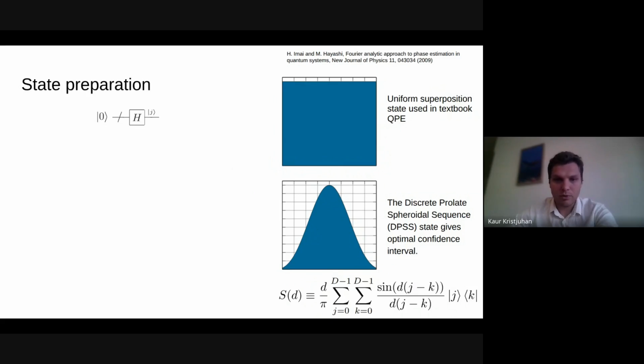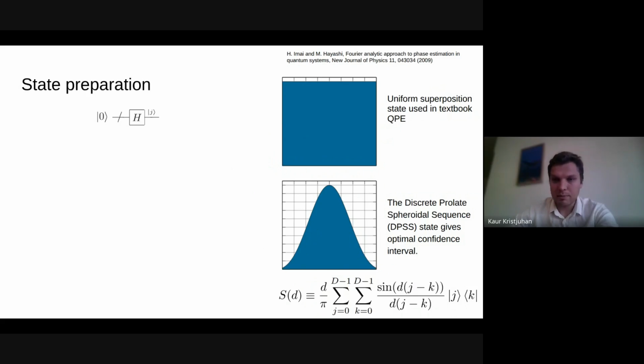And it's been known for a while that the best state to prepare on the control register is something called a DPSS state. These diagrams kind of show you what the state looks like. A uniform state means that all basis states have an equal probability, whereas this DPSS state is going to have a kind of a bump.